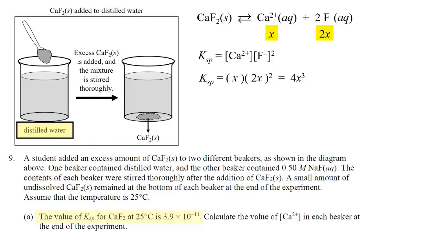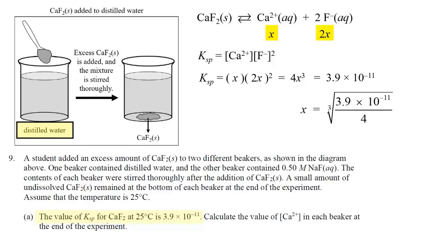So we can do x times the quantity 2x squared, which equals 4x cubed. Set this expression equal to the Ksp of 3.9 times 10 to the negative 11, and then simply solve for x. So 3.9 times 10 to the negative 11 is going to be divided by 4, and then I will take the cube root of that expression.